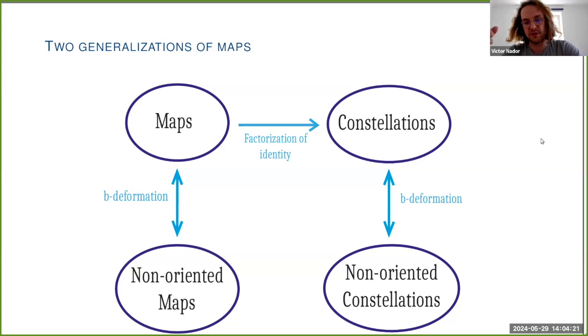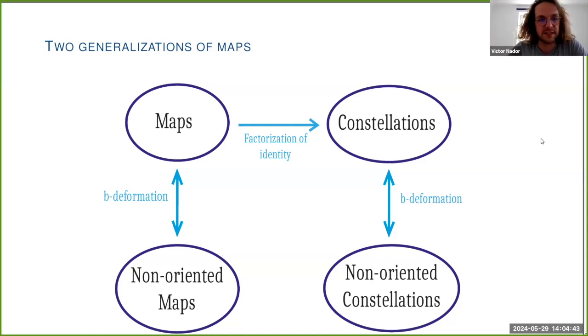That is the non-oriented constellation, on which we can additionally put some b weights, and this is the object we will study. I will present it in detail at the end of the talk, and I will mention some results that I obtained during my PhD in a joint work with my supervisor, Valentin Féray.